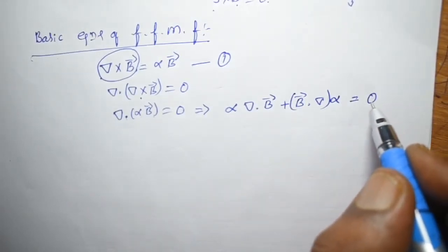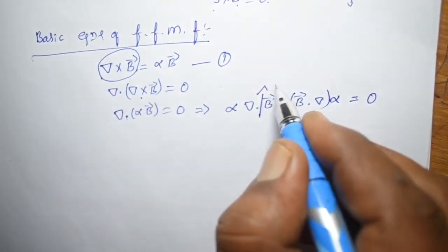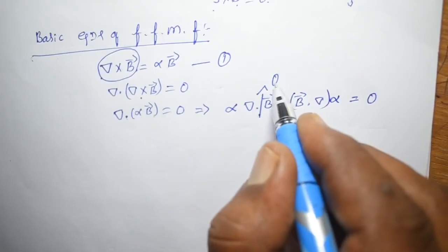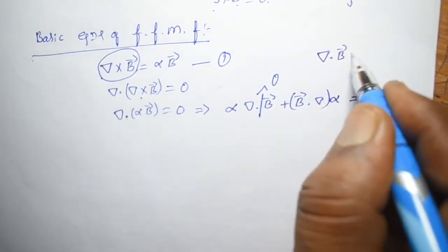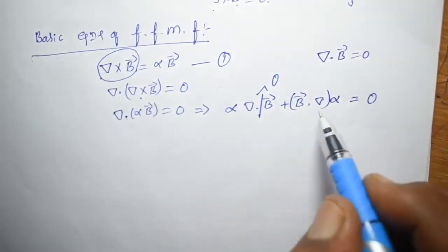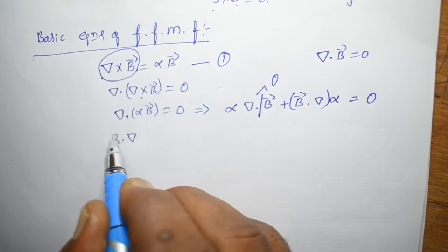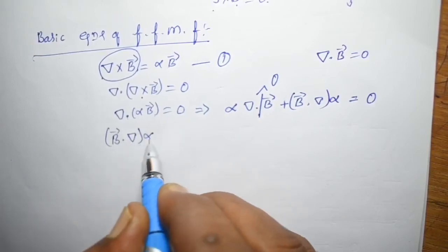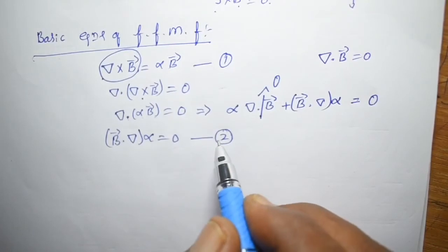From the solenoidal property, del dot B is equal to 0. So the remaining is B dot gradient of alpha is equal to 0. Call this equation number 2.